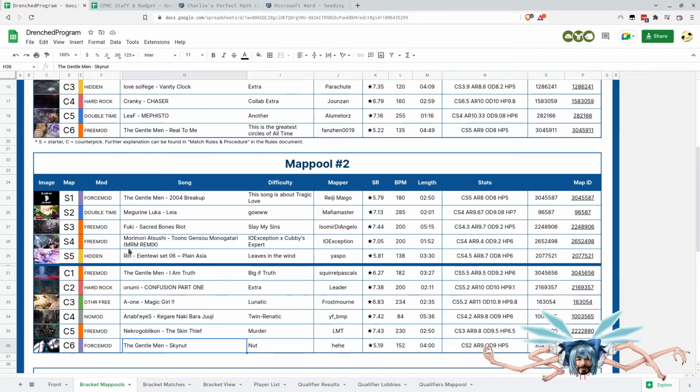But obviously you wouldn't have this problem to begin with in a normal pool, right? If you had a normal pool, you wouldn't end up picking a map like Tono Genso Monogatari in the first place. Well, you could, but in a textbook pool, you wouldn't. And you would never have the opportunity for a map like Skynet, which I think is a really cool map.